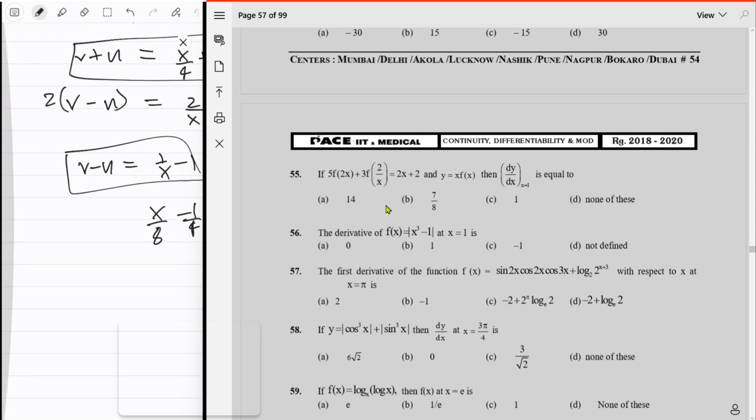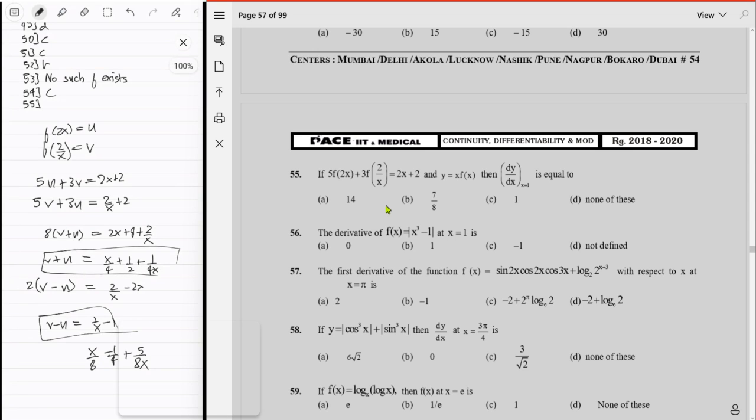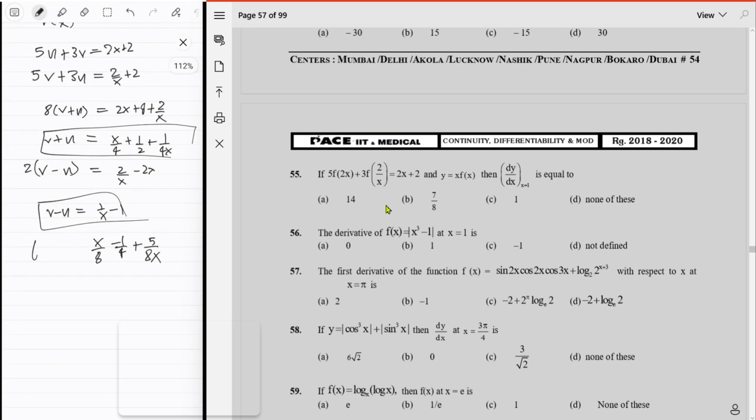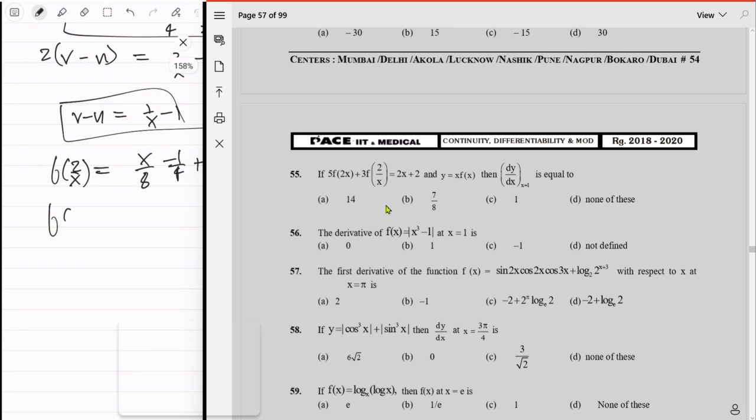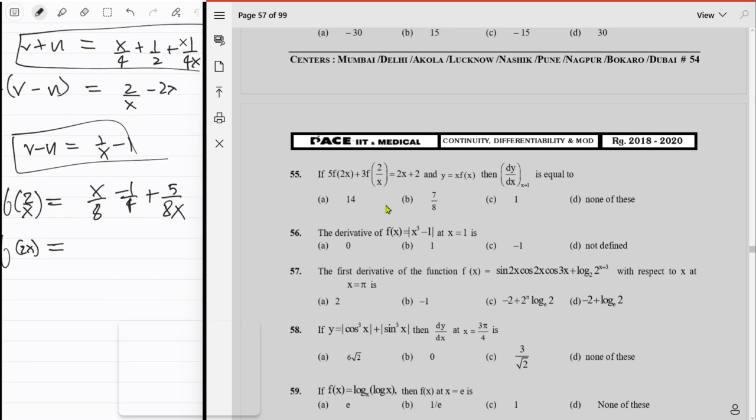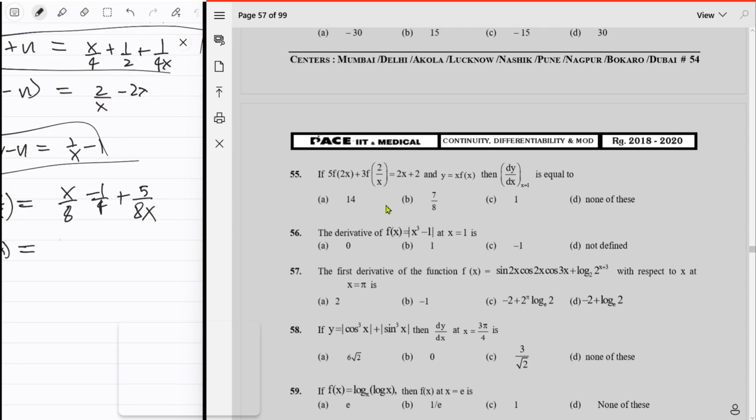This thing is equal to v, and v we defined was just f of 2 upon x. Then subtract, and divide by 2, to get f of 2x, which is our u. You still have x upon 8, but now you have 3 upon 4, and negative 3 upon 8x.